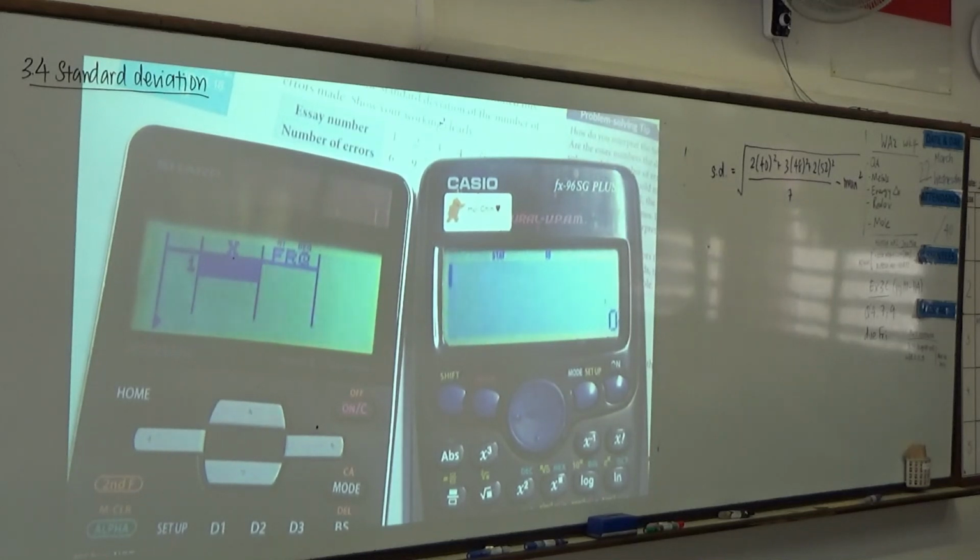I try it. How many of you use this one, the old Sharp one? Okay, that one is Casio, right? I think that one should still be the same. Oh, you use Canon. Canon, sorry, I don't know how to use already. Go back to calculator. This one, let me figure out. I forgot how to use it.